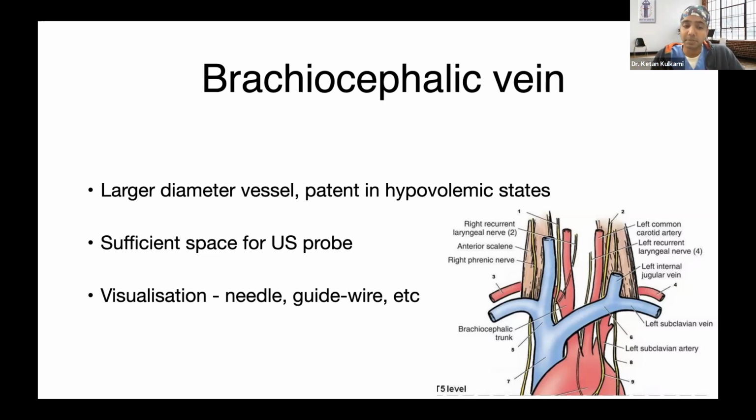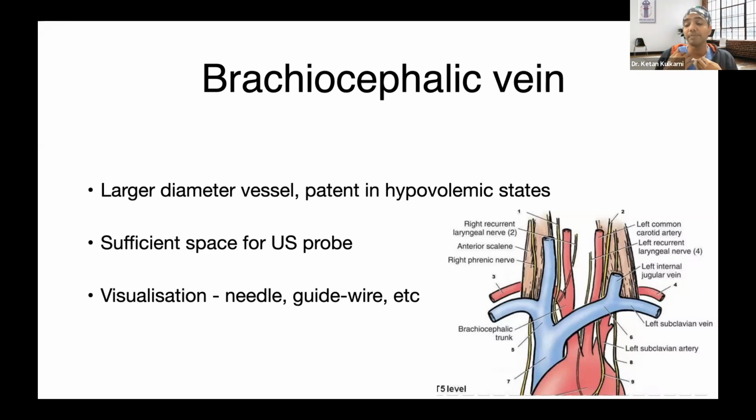There is sufficient space for the ultrasound probe. When I was telling you about the IJV, when you put the probe, there is not enough space there. But when you are doing brachiocephalic vein cannulation, your probe is like this, so there is sufficient space. Plus, your entry and your vein are away from the oral cavity, so again, the chance of infection is less.